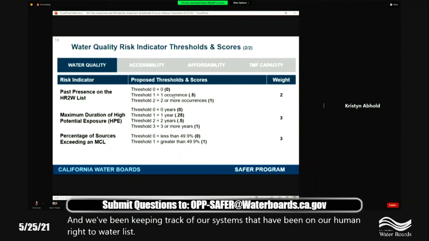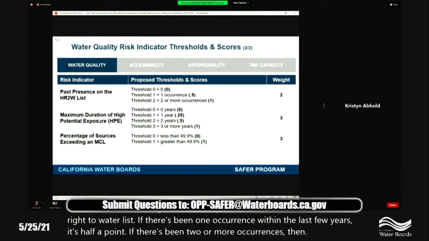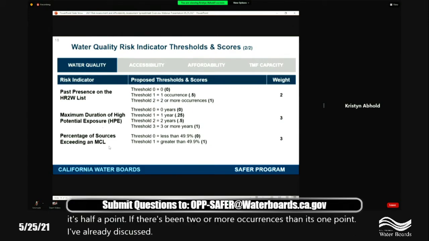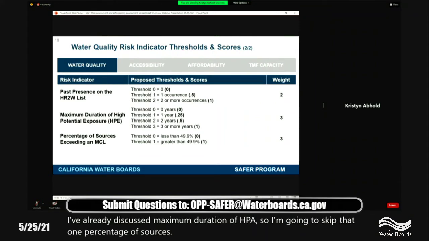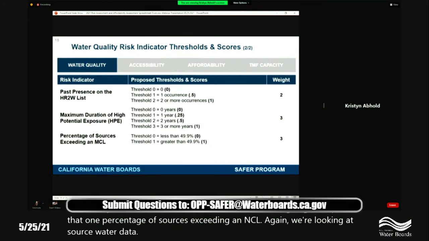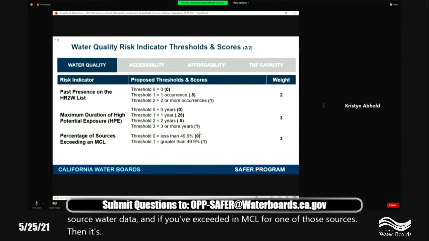If there's been 1 occurrence within the last few years, it's 1/2 a point. If there's been 2 or more occurrences, then it's 1 point. I've already discussed maximum duration of HP, so I'm going to skip that one. Percentage of sources exceeding an MCL. Again, we're looking at source water data, and if you've exceeded an MCL for one of those sources, then it's 1 point. If not, 0.